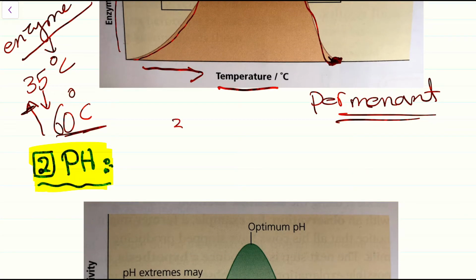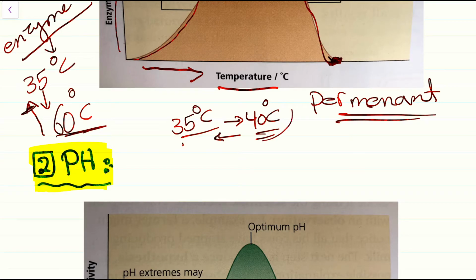But if the optimum temperature of the enzyme is 35 and we increase it to 40, the activity of the enzyme decreases. But if we go back to 35, it will act again at a high rate of activity. Because at 40 there is no denaturation of the enzyme, the active site is still as it is without any deformity. I hope it's clear now.